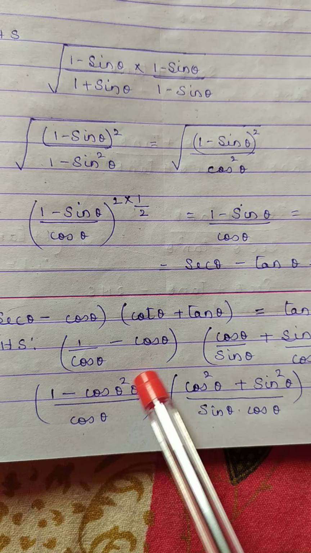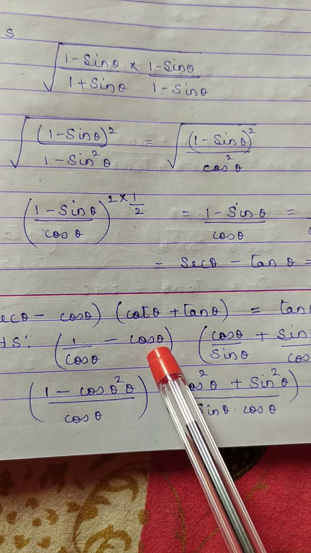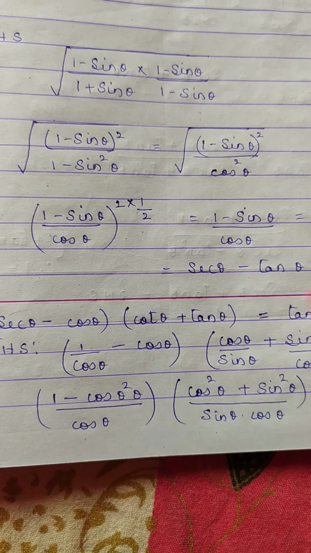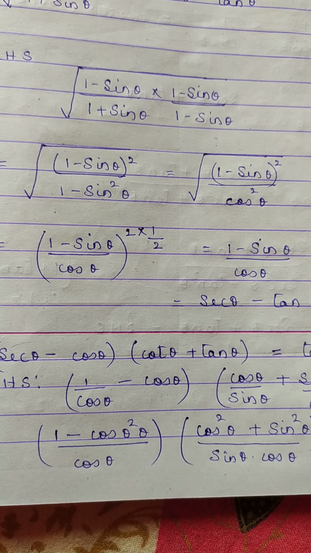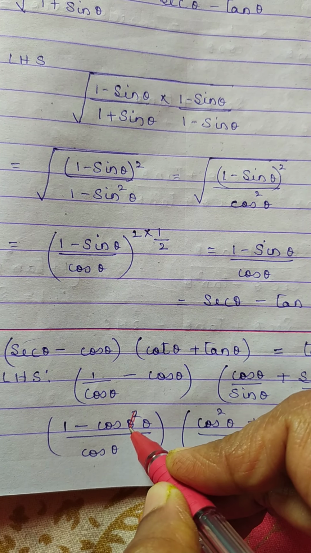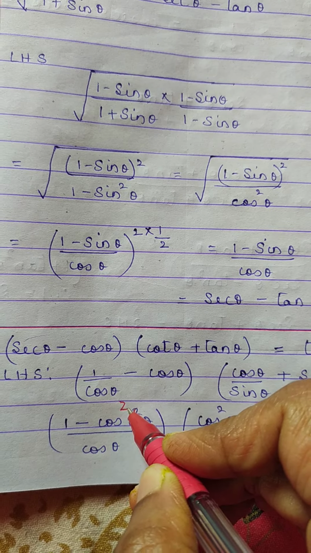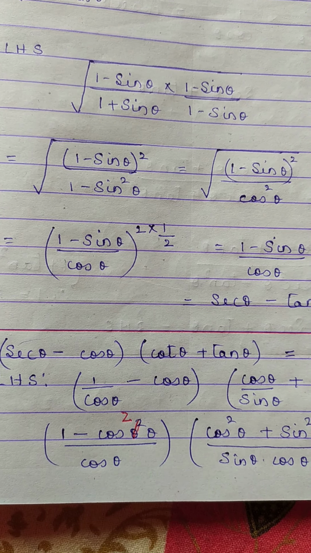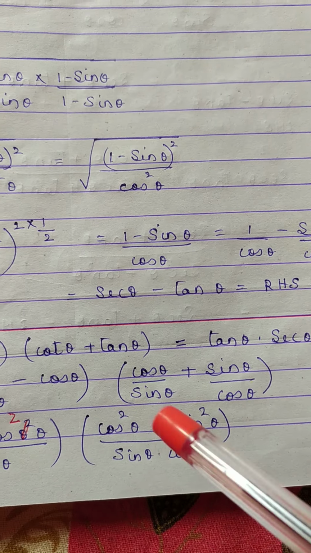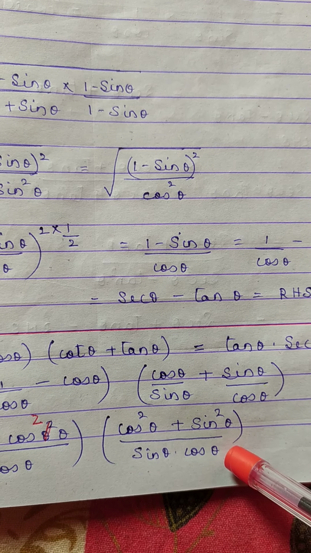Cos theta upon 1, therefore LCM is cos theta. So 1 into cos into cos is cos square theta. Okay. So this is 1 minus cos square theta upon cos theta into cos square theta plus sin square theta.